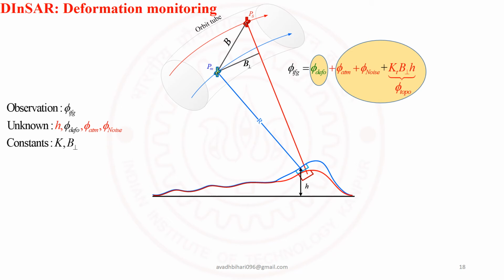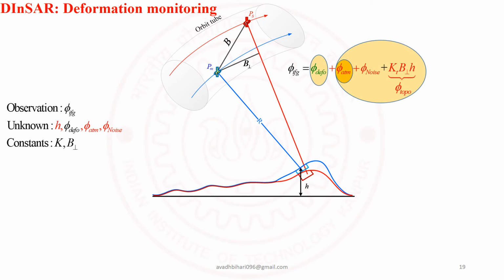Suppose for this resolution cell, I want to estimate deformation between today and the day after 1 month. I have to download the SAR SLC image of today and that day, but there is no guarantee that the atmosphere will be the same for both images, so we can't remove the atmospheric phase component.